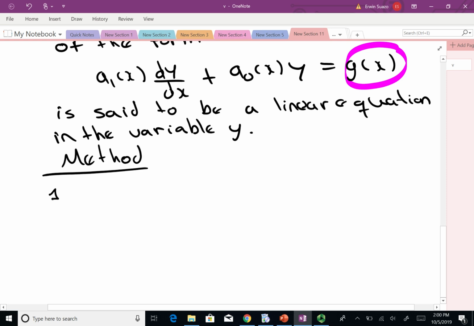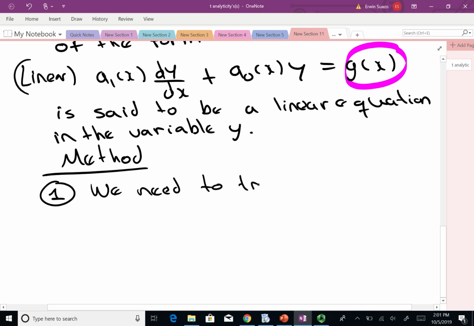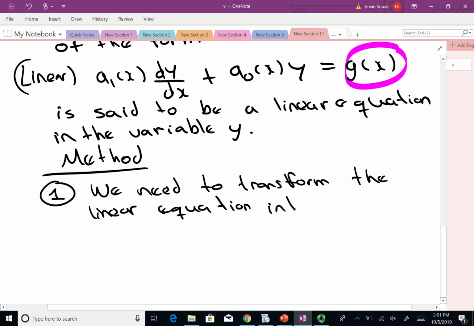The method goes like this. First, let's say this is the linear equation. We need to transform the linear equation into the standard form.